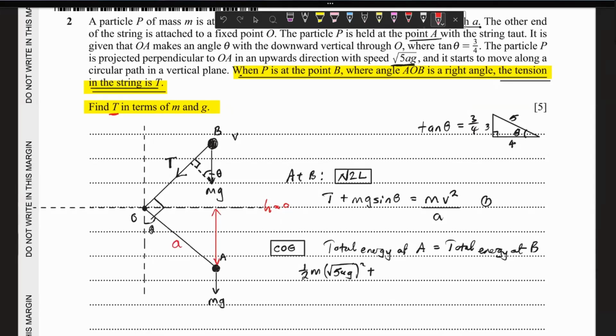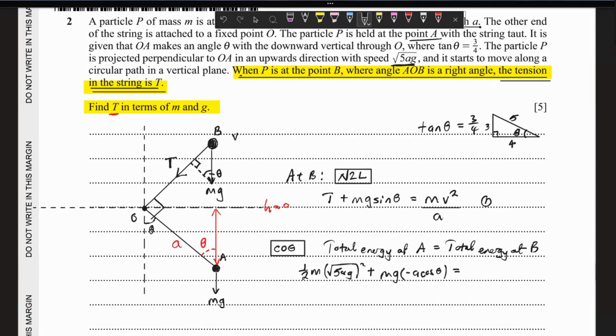Seeing that the length is a and this angle is also theta, we can find that as a cos theta. So for the GPE, we will use mg of negative a cos theta.